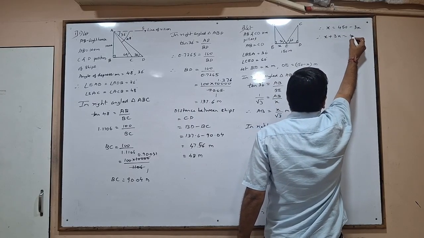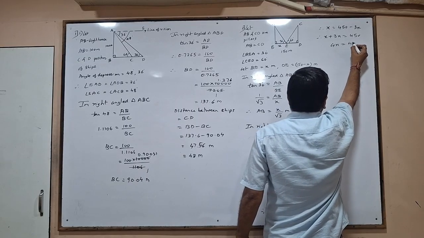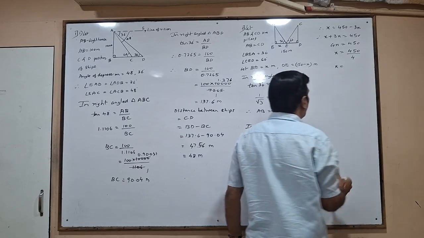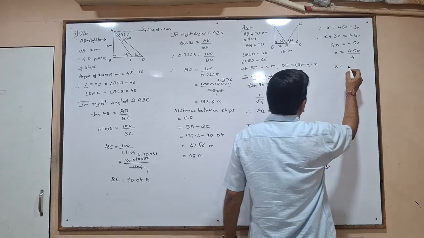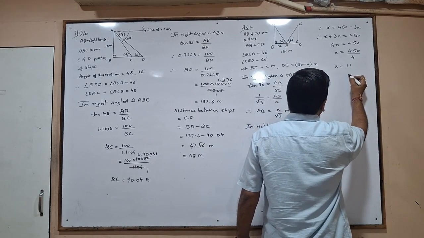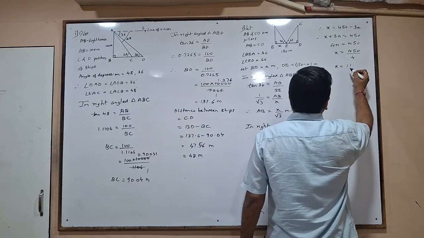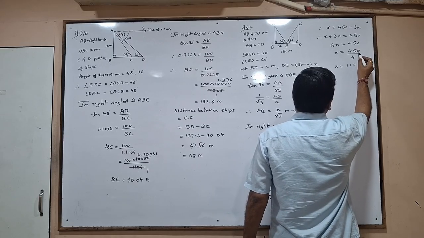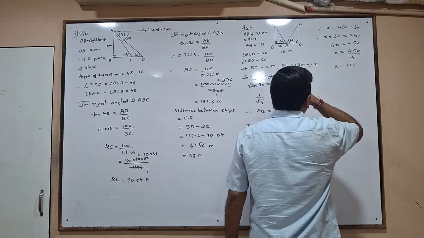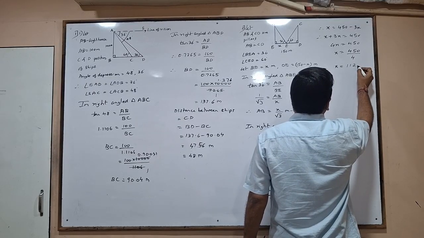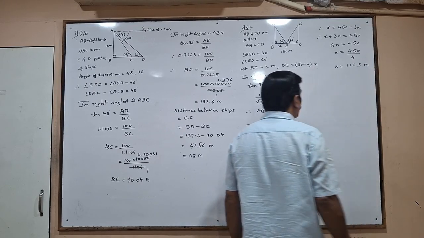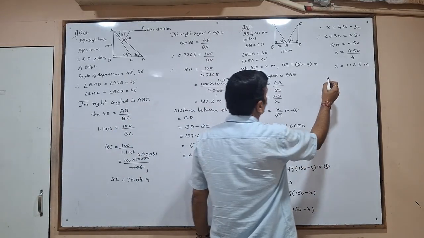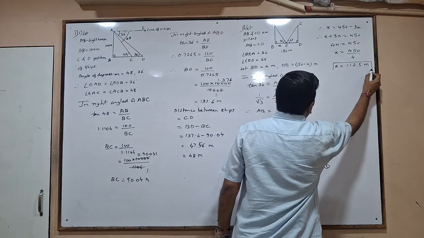So x plus 3x is 450, 4x is 450, x is 450 upon 4, 112.5. That is x.